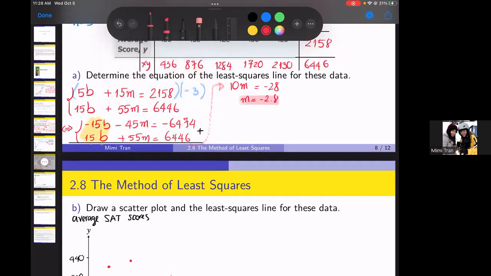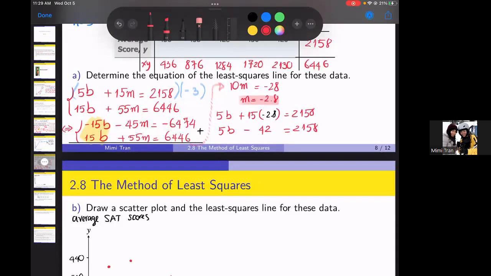Now solve for b. I'll pick the first equation as well because it looks smaller, right? So 5b plus 15 times m, which is negative 2.8, equals 2158. 15 times negative 2.8 is negative 42. 5b minus 42 equals 2158.